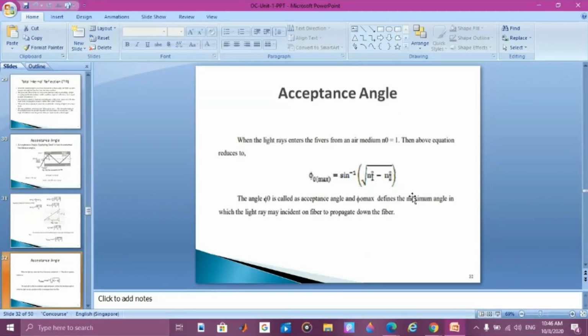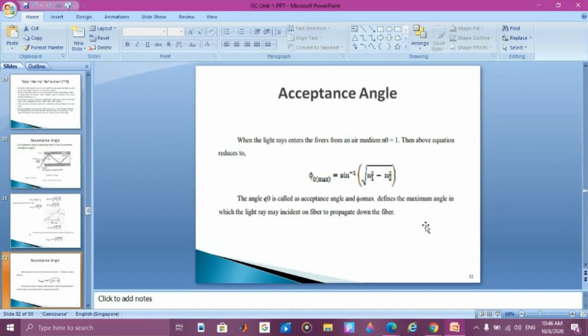Note this also: phi naught maximum equals sin inverse of root of n1 square minus n2 square. Here phi naught is called the acceptance angle, and phi naught maximum defines the maximum angle at which the light ray may be incident on the fiber to propagate down the fiber.